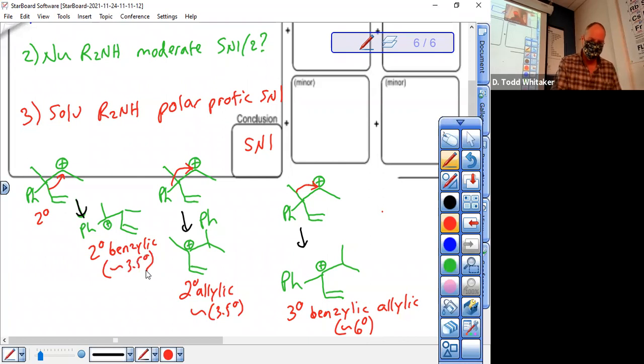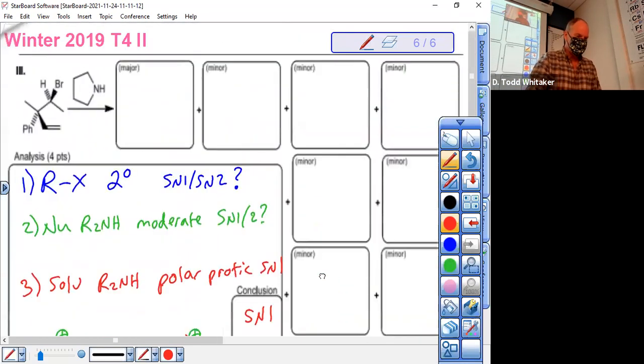These tell us what products we're going to get. I want the major product to have the nucleophile right here. Why? There's why. Cation forms a lot faster, 6 degree cation. Major product, you're going to copy this up there without the cation and put the nitrogen there instead. Got it?